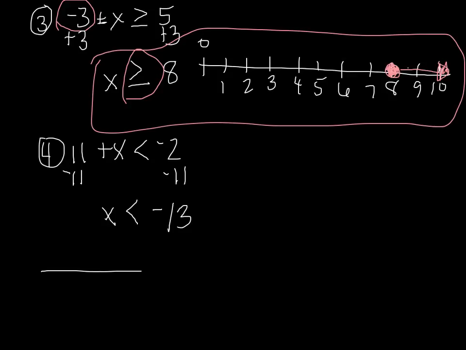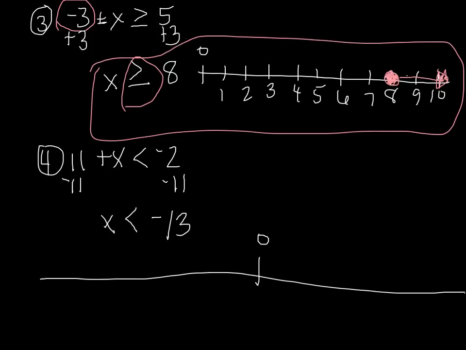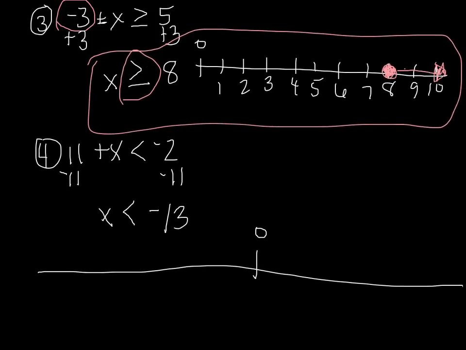Okay, so let's draw out our lovely number line. Okay, so now I have negative 1, negative 2, negative 3, 4, 5, negative 6, negative 7, negative 8, negative 9, negative 10, negative 11.